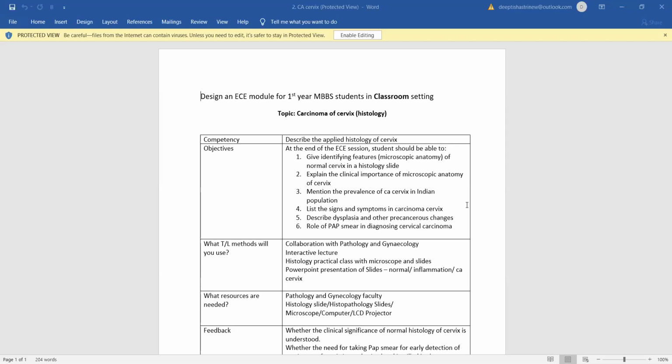But it would be beneficial to the student if they watch an actual scene occurring in the hospital setup where a doctor is actually treating a patient. So I do understand these are the limitations: the number of students, less faculty, probably in many of the private institutions, less number of patients.